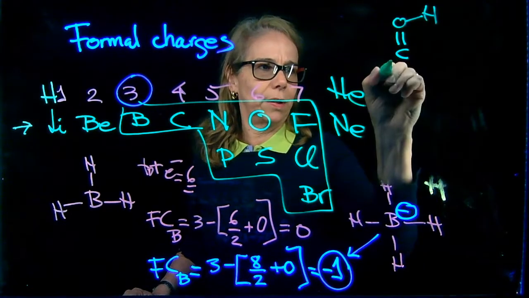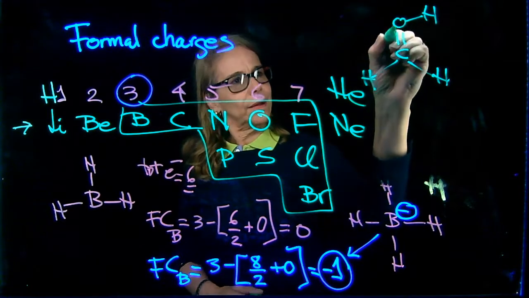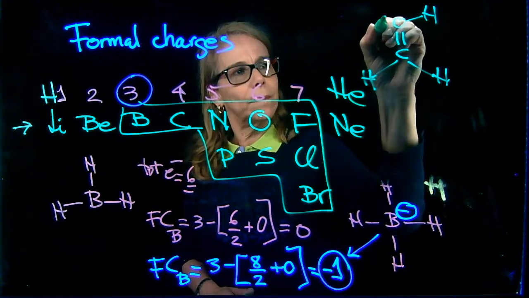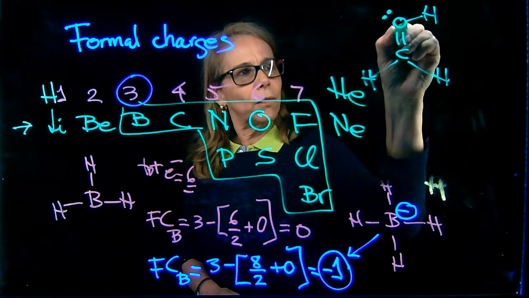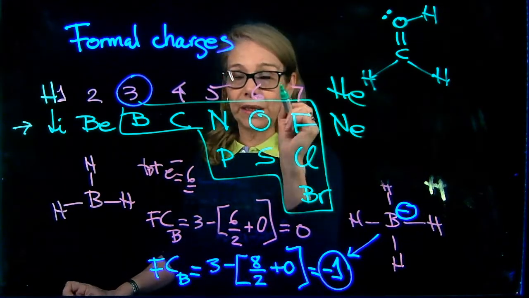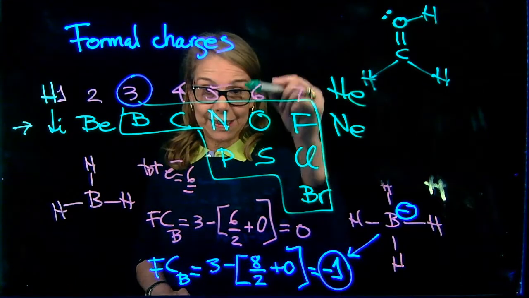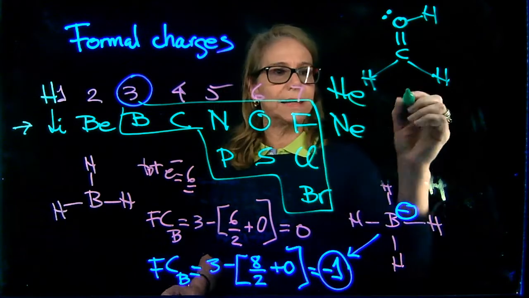Now let's do this compound here. And here, let's do the formal charge of oxygen. I check how many valence electrons. So I am here, 1, 2, 3, 4, 5, 6. It is in group 6, so 6 valence electrons.